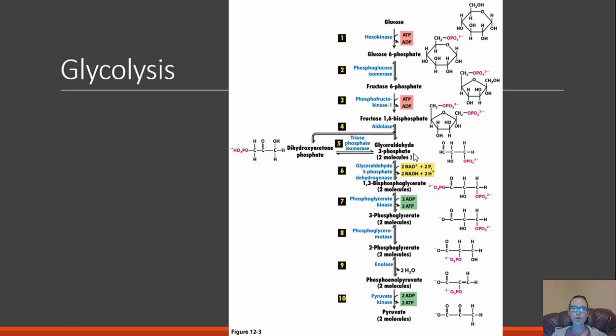So we end up with 2 molecules of G3P and ultimately 2 molecules of pyruvate. So for every, I should say moles, for every mole of glucose, we end up with 2 moles of pyruvate.